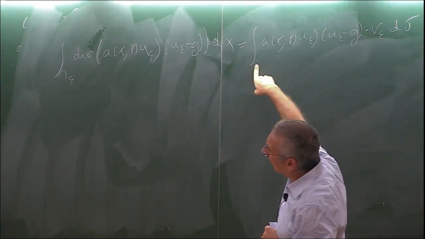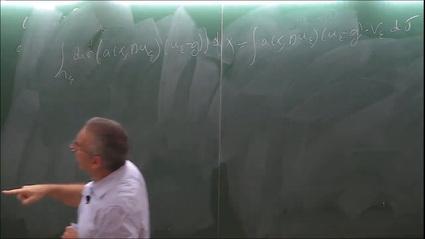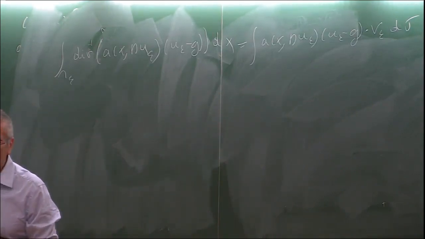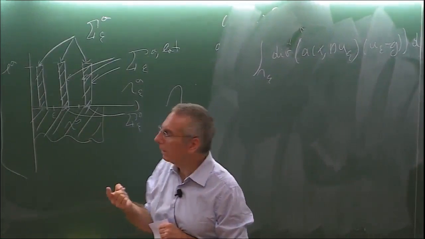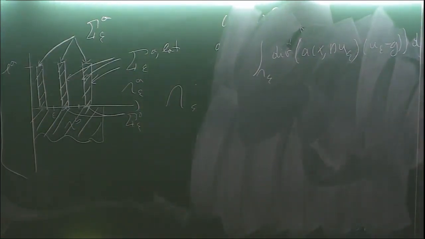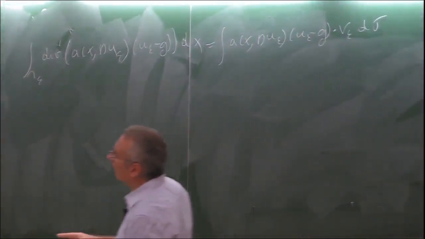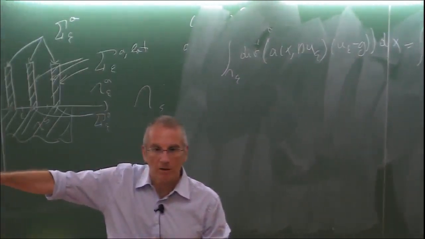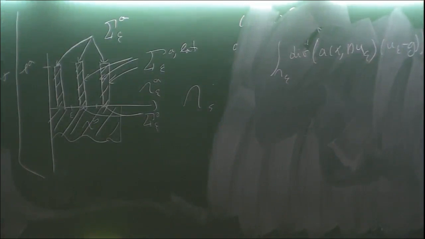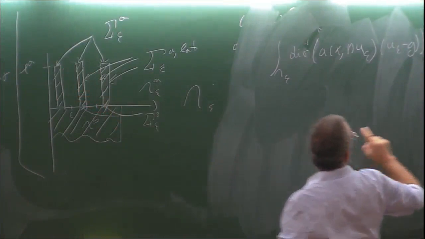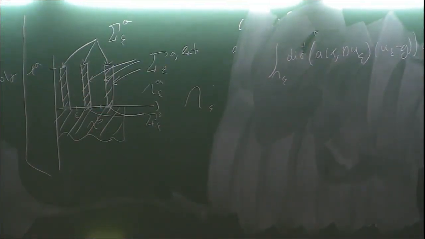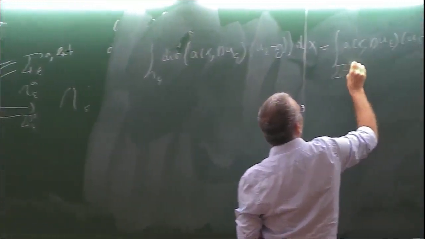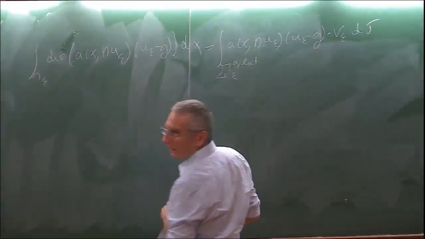But on the boundary of omega epsilon, on this part, you see, we have the homogeneous Neumann boundary condition. This is 0. Then the only part is sigma A lateral epsilon. Okay?